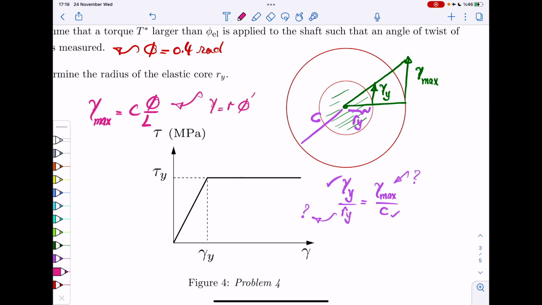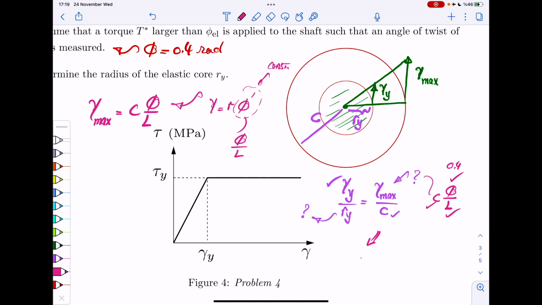We talked about this in the lecture, and phi is constant, so you can actually write it as phi max, which is our angle of twist, divided by L. So basically, in this part, you have C phi over L. Does that make sense? Now, phi is given, that's 0.4. L is given. C is given also, but it also cancels out.